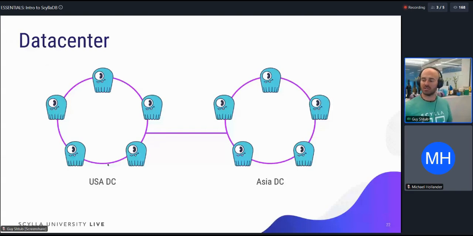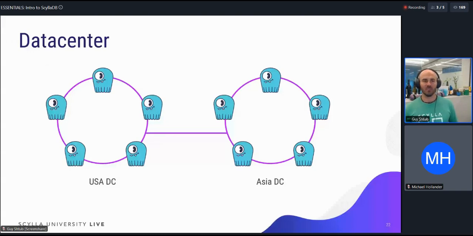Okay, so data centers. I mentioned ScyllaDB is designed to work with multiple data centers, and it's topology aware, so it's aware of the different data centers, and also it's aware of racks within each data center. So in this example, we have 2 data centers, one in the US and the other in Asia.